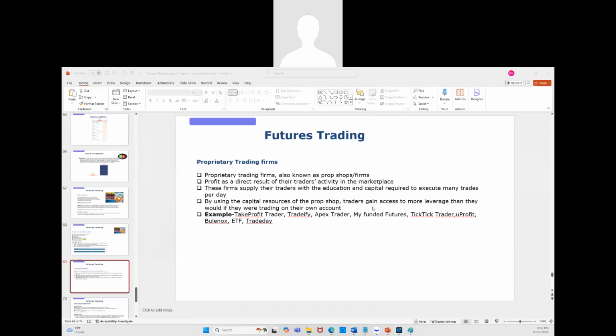But with prop firms, if they give you, for example, 100,000, and it happens to be a bad day when you do not have a stop loss and you lose $2,000 from that 100,000, that account gets frozen.